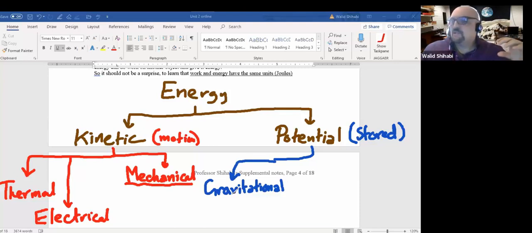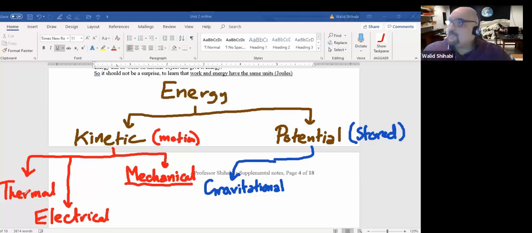When you position an object above the surface of the Earth, you are storing energy in it in the form of gravity. Of course, it has the ability to fall, so that when you release it, it will have the ability to do work. Remember, the common denominator among all those types is the ability to do work. Thermal energy has the ability to do work. We know that when you heat water, water will turn into steam. Steam can rotate turbines.